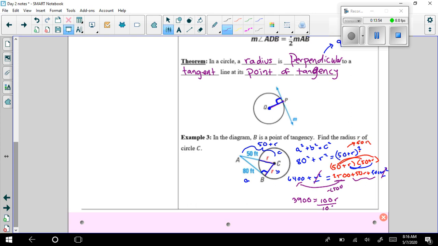So we can divide by 100, and r equals 39. And that's your radius of circle C is 39. You could always plug that back in and double check to see if 80 squared plus 39 squared is equal to 89 squared, because you have to add those together. It would be a super quick check to do.